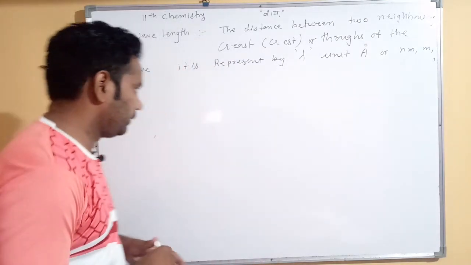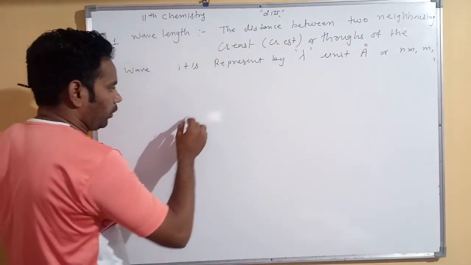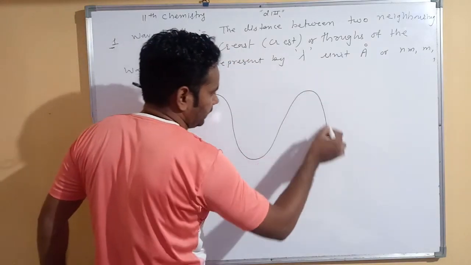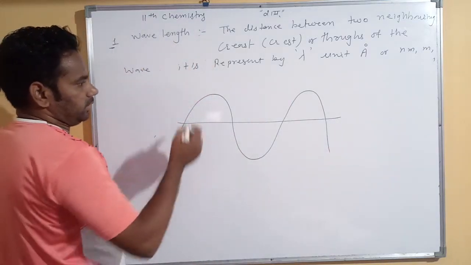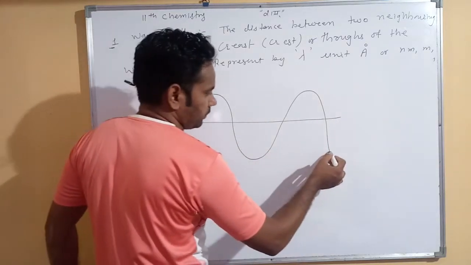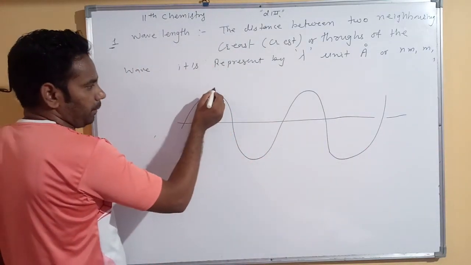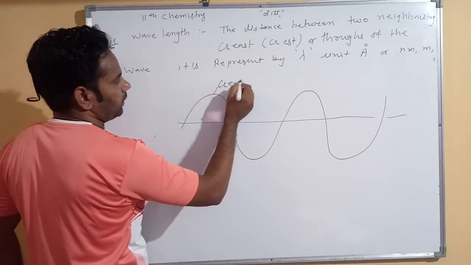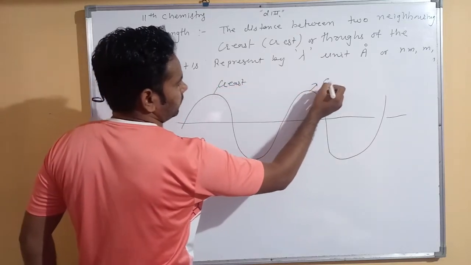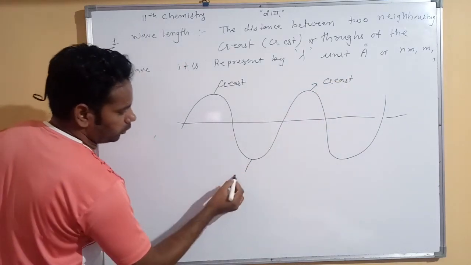Okay, first we understood what do you mean by crest and trough. So we know about the electromagnetic radiations. Suppose this radiation crest, okay, upper part of radiation is called crest. It's also crest. And lower part of radiation is called trough.